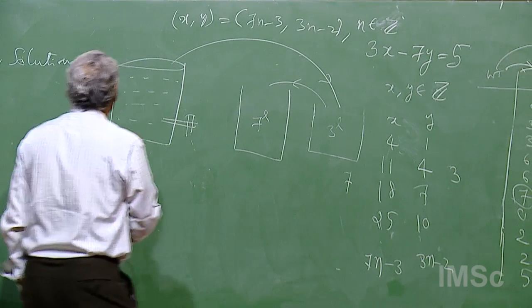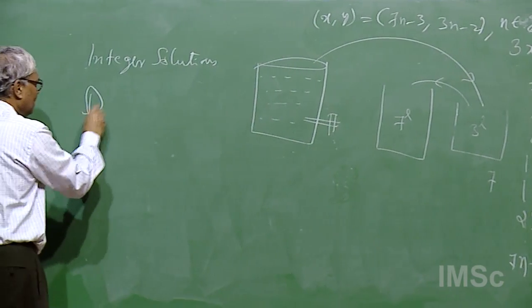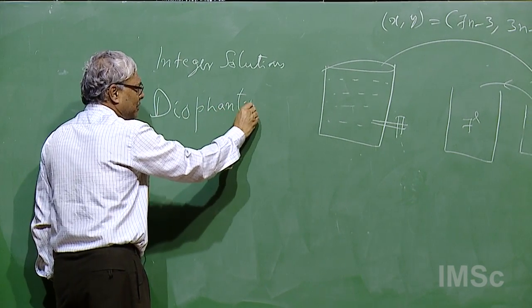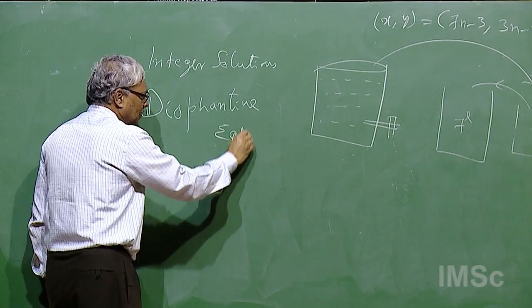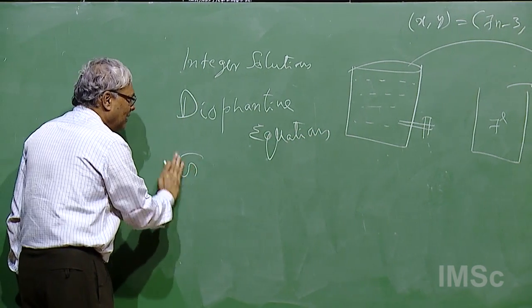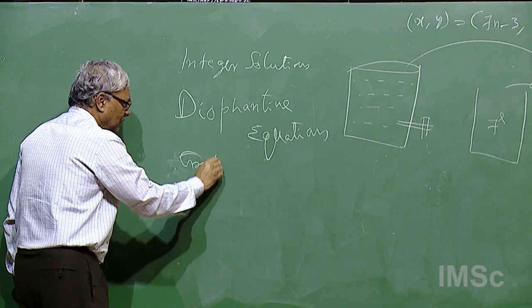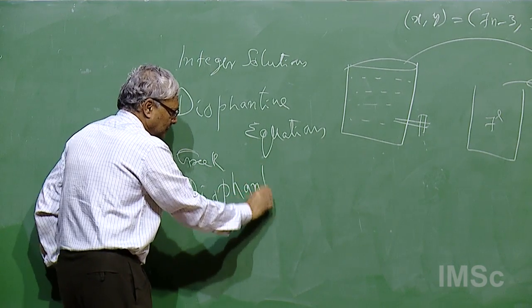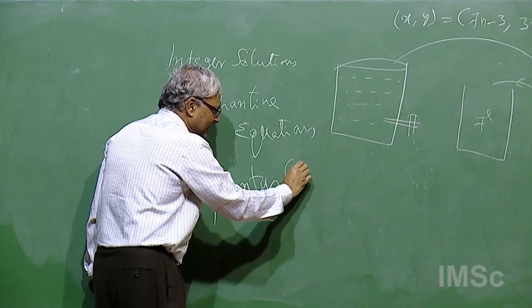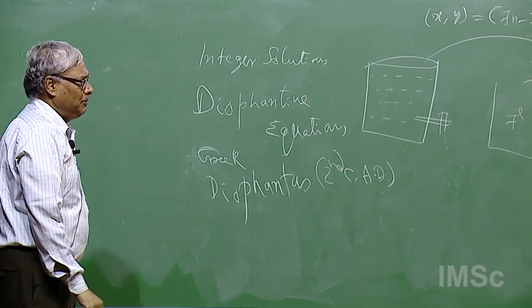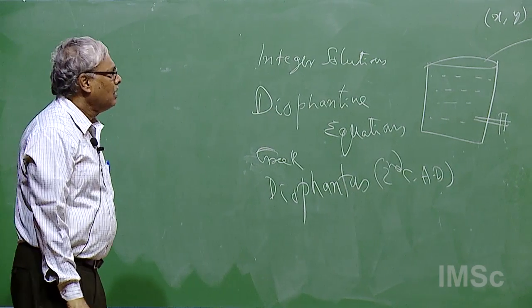Such equations are called Diophantine equations, named after the Greek mathematician Diophantus, who lived during the 2nd century AD. He was interested in solving such equations.